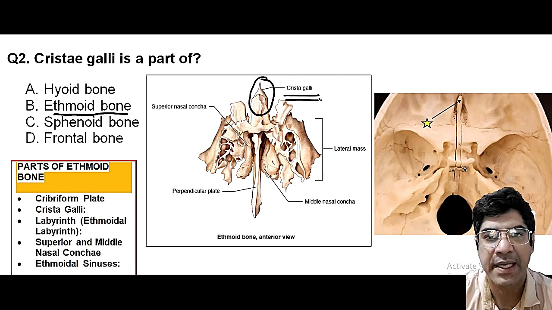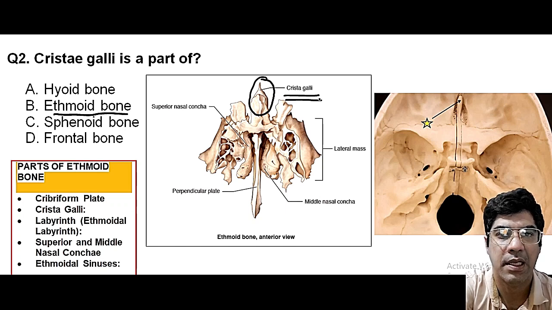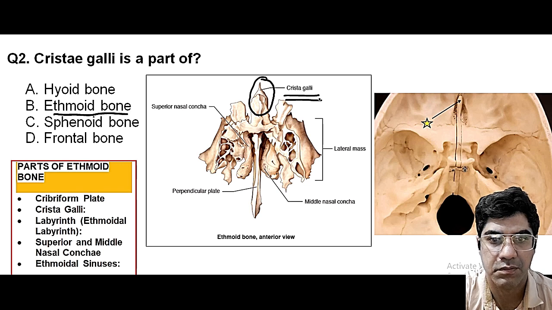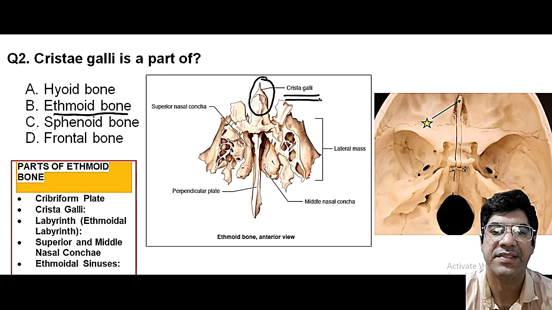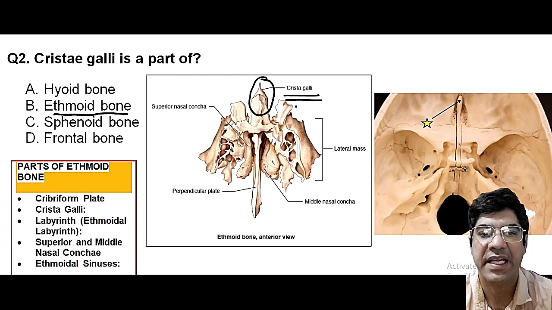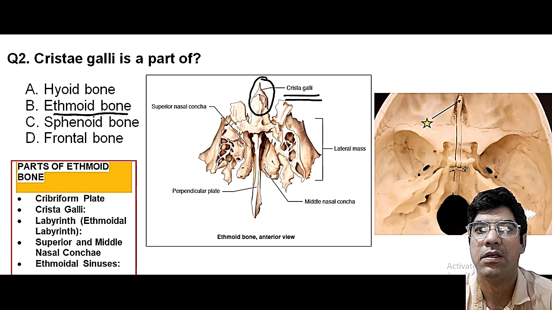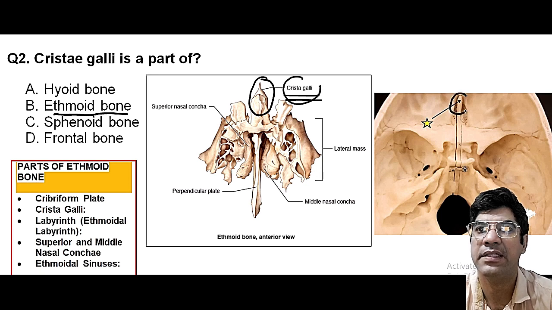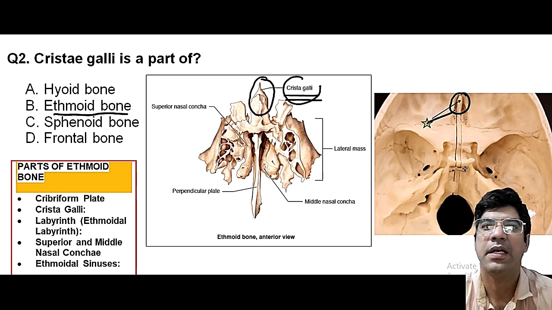It is a delicate, sponge-like bone that is located in the skull. Think of this as a bone spike sticking up from the cribriform plate. Similarly here on the skull, this part will represent the crista galli.